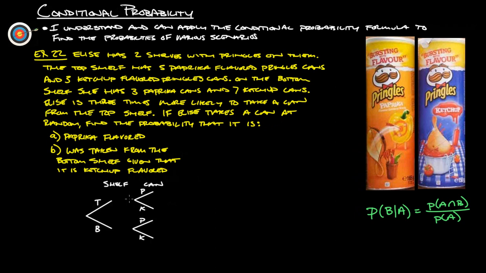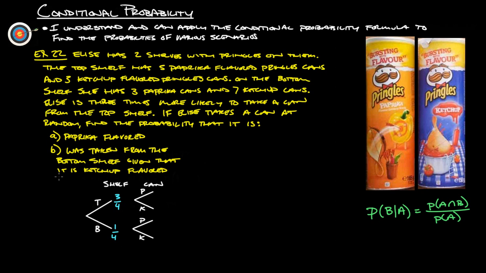Okay, so I made a tree diagram just to help figure this out, to make it a little bit easier. She's 3 times more likely to take a can from the top shelf. So that means 3 out of 4 times she's going to reach from the top shelf, and only 1 out of 4 times she's going to reach from the bottom shelf, because 3 times.